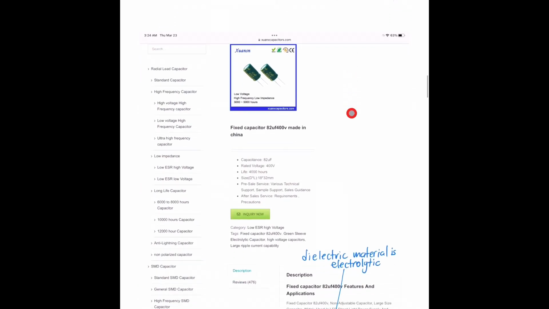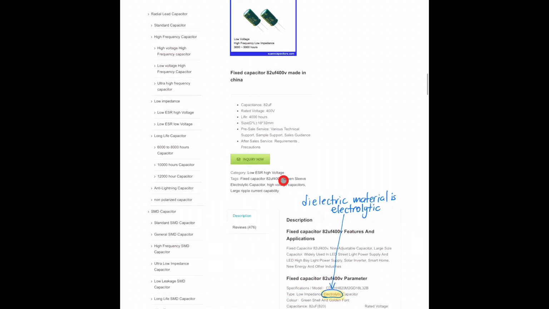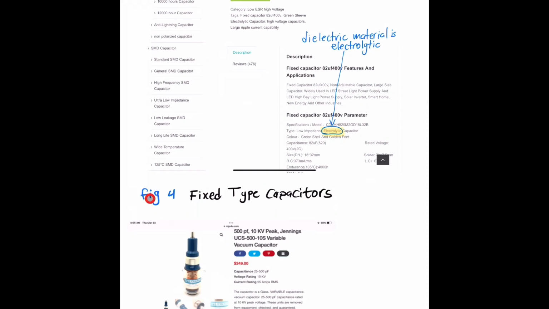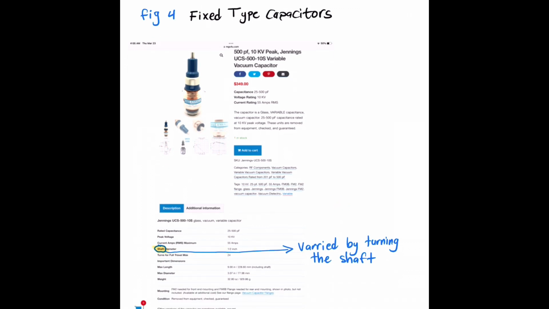And this one, another fixed type capacitor, and here the dielectric material is electrolytic, right? All right, so Fig 4, those are fixed type capacitors. And Fig 5 is a variable capacitor, right? And you vary the capacitance by turning the shaft, all right?